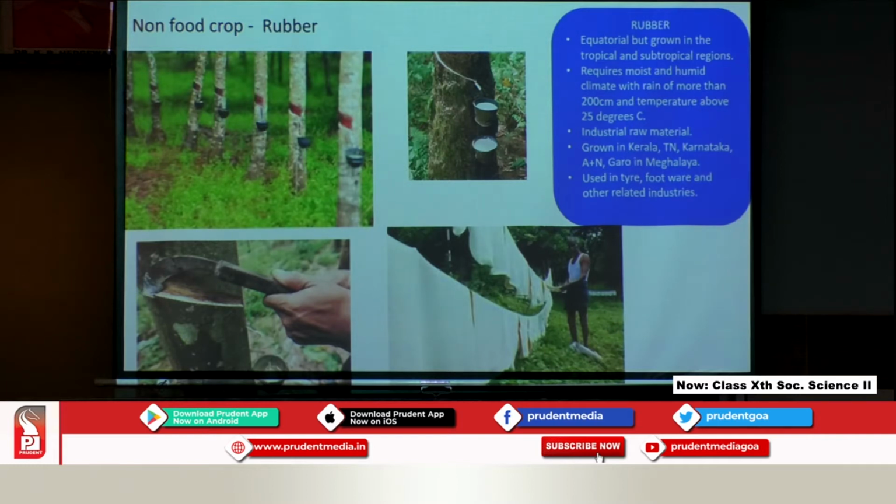Temperatures therefore won't be very high, so it requires 25 degrees Celsius of temperature. It is basically used as an industrial raw material. It is grown in Kerala, Tamil Nadu, Karnataka, Andaman and Nicobar Islands, the Garo hills of Meghalaya, because these places have a lot of rain and it is moist.